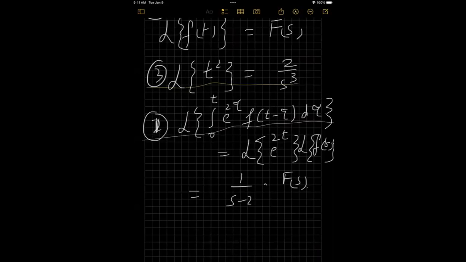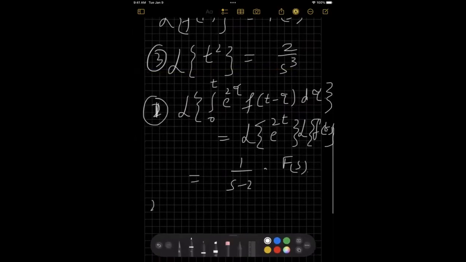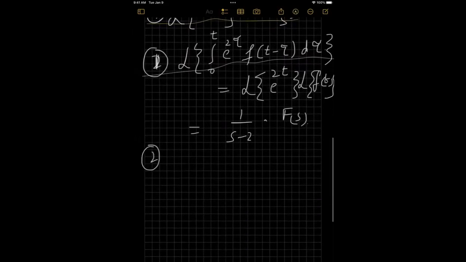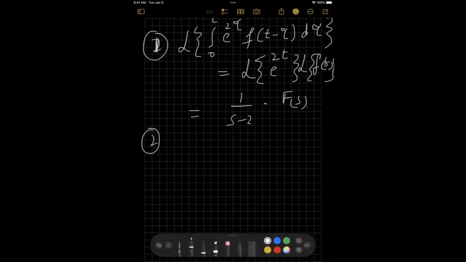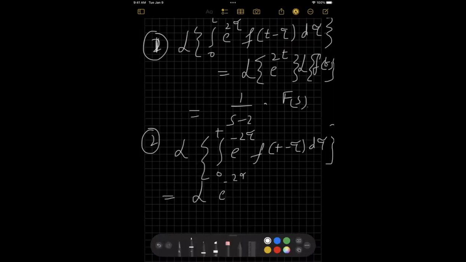Okay, now the second part. For the second part, we will have the same thing. Laplace of the integral from 0 to t of e raised to power minus 2 tau f of t minus tau d tau equals Laplace of e raised to power minus 2t times Laplace of f of t, which equals 1 over s plus 2 times F of s.